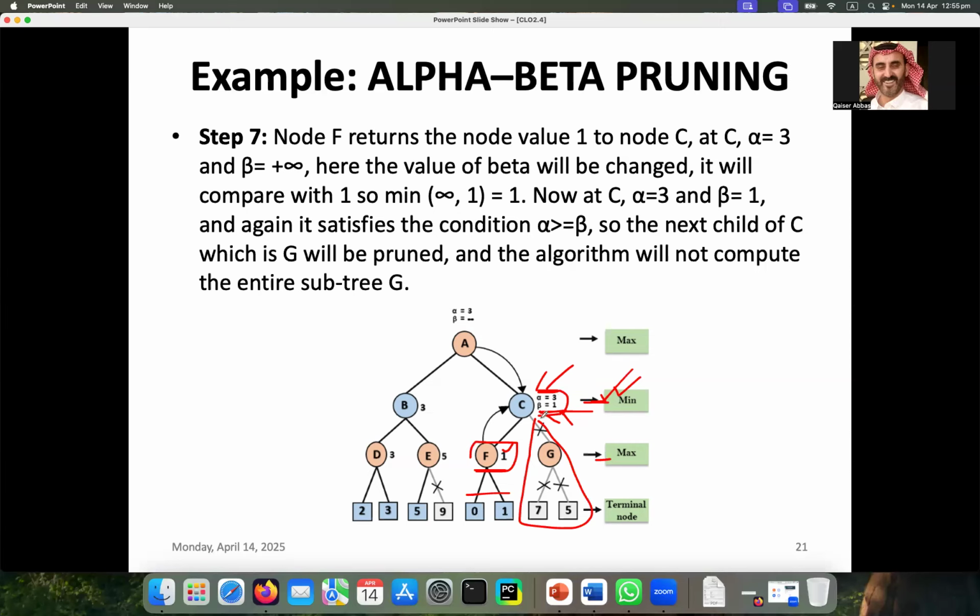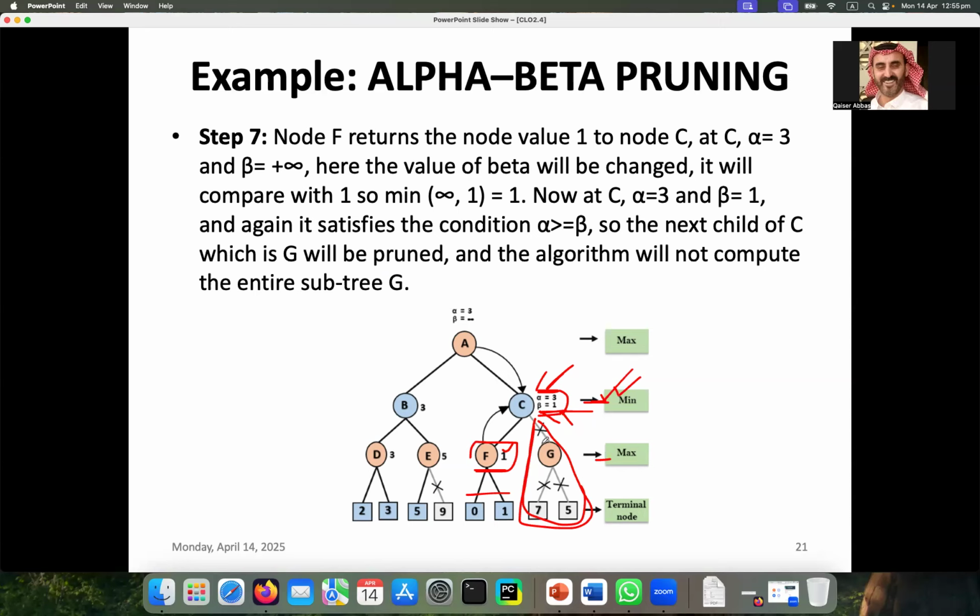But suppose I open it up and get some higher value for the alpha, put it in your mind that you already have the value of alpha 3. Suppose you open up these branches and get the value for the alpha 4, 5, 6, 7, whatever, higher than 3.